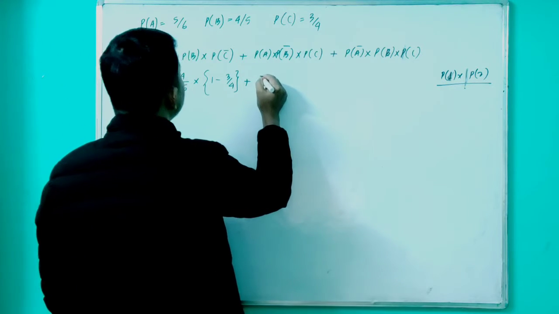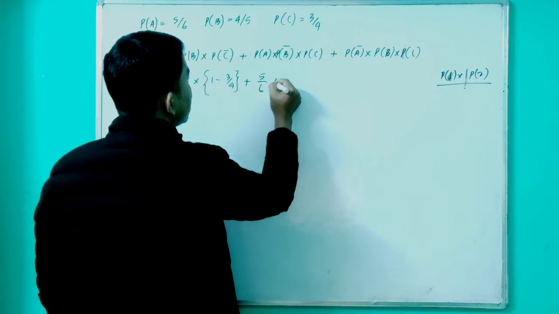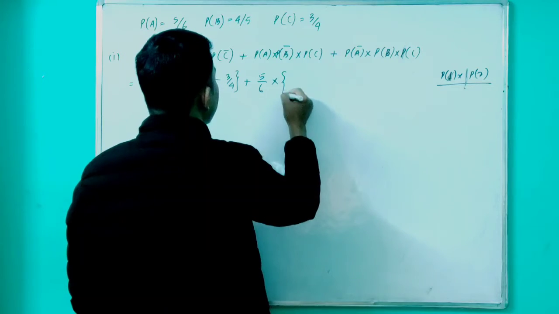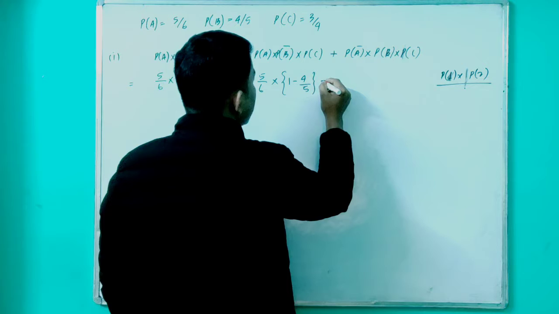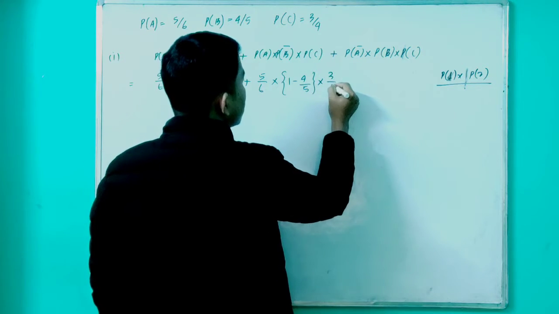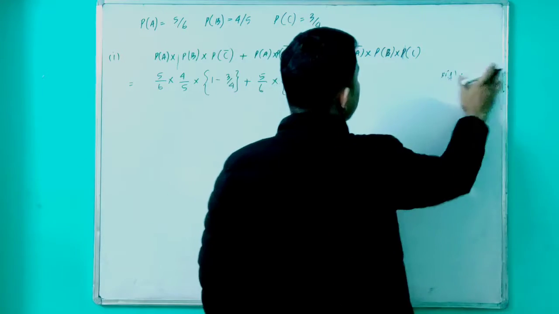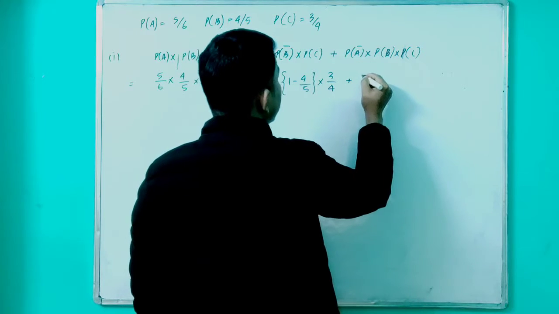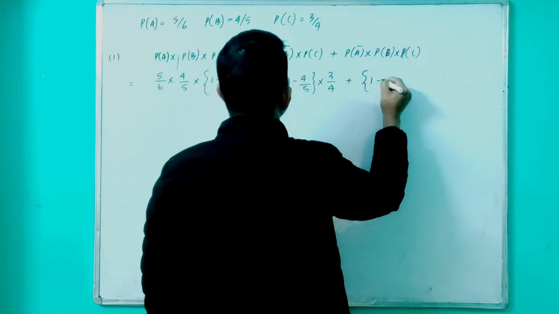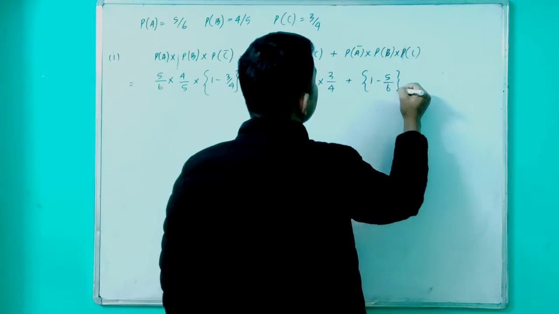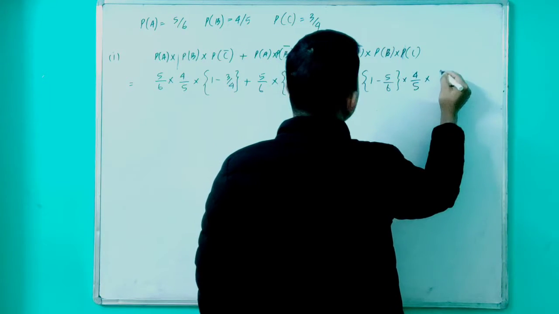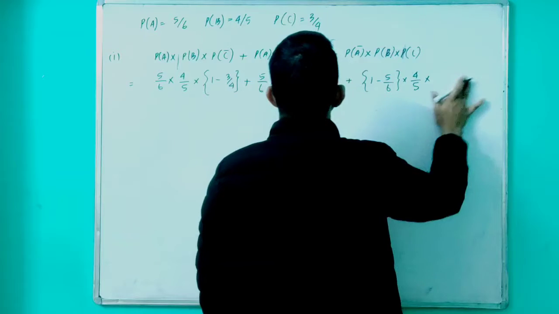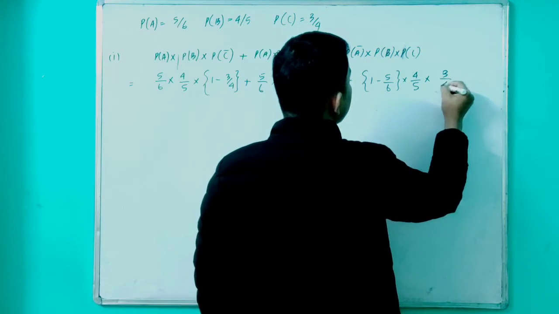In the same way, 5/6 times the probability of B not hitting the target, 1 minus 4/5, times 3/4, plus finally, the probability of A not hitting the target, 1 minus 5/6, times the probability of B, 4/5, times the probability of C hitting the target, 3/4.